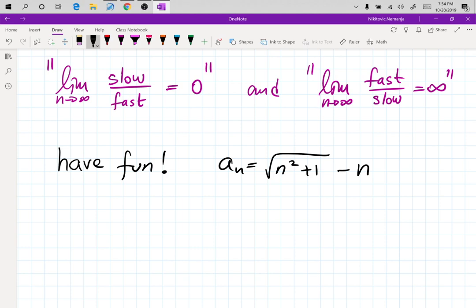So this is infinity minus infinity. We did not have any infinity minus infinity today. We had the exponents, we had the basic divisions and so on. So this would be something interesting to consider. Bye.